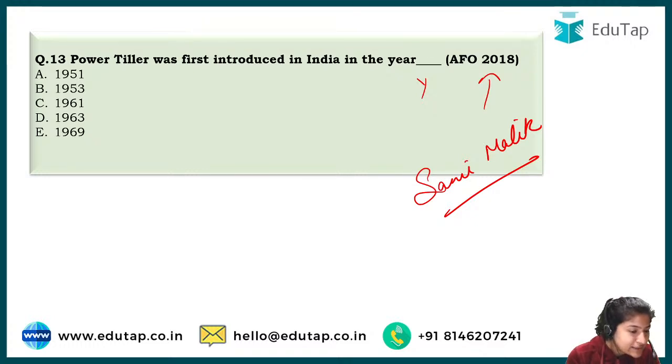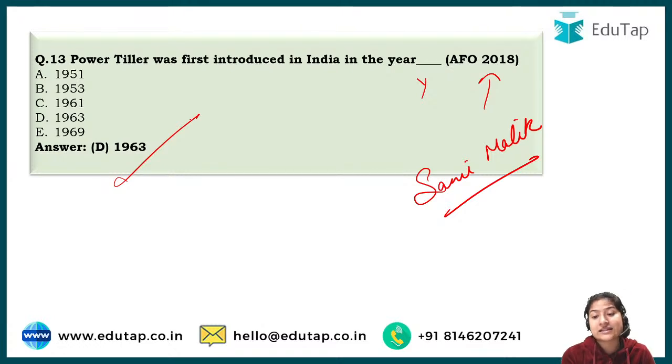Manish says 1963. Sonu says D, and then Sachin, then he deleted the message, I guess. Ayushi said 1963. Manish is confused. Sonu 1963, and yes, the correct answer to this is option number D, that is 1963 only. All right. So whatever homework I'm giving, it is for a reason.